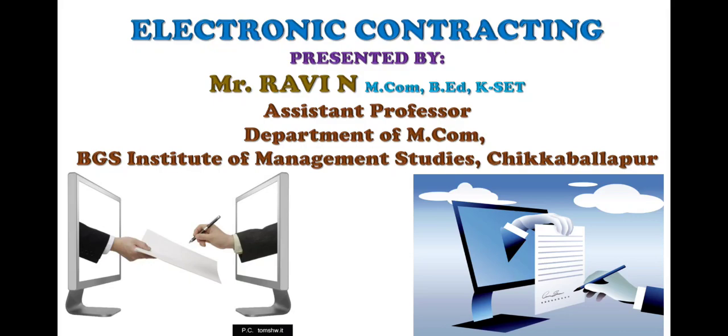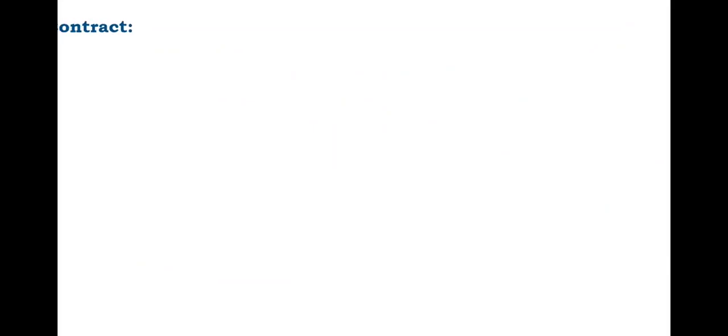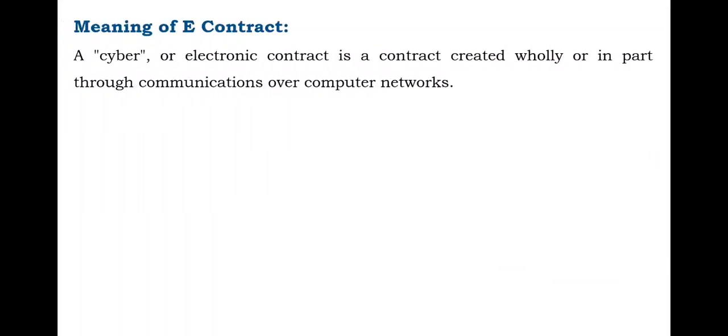Let me give you the meaning of the contract. Even an electronic contract is considered a cyber contract. A cyber or electronic contract is a contract created wholly or in part through communications over computer networks.